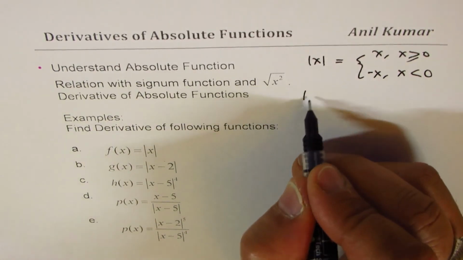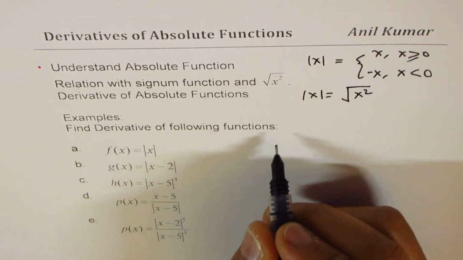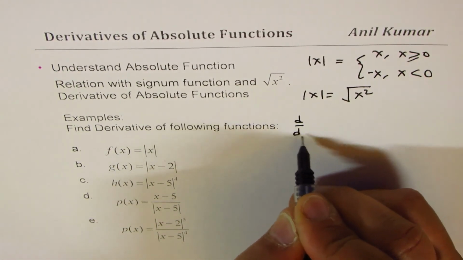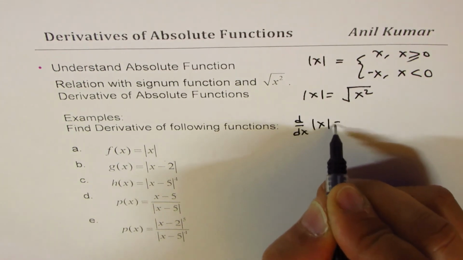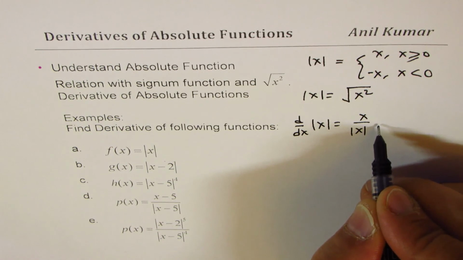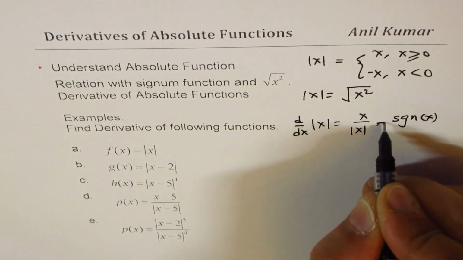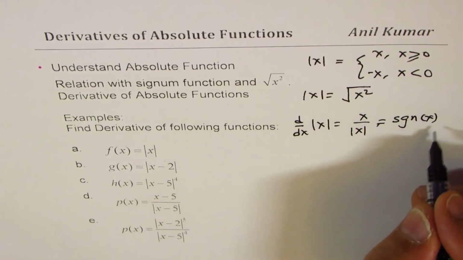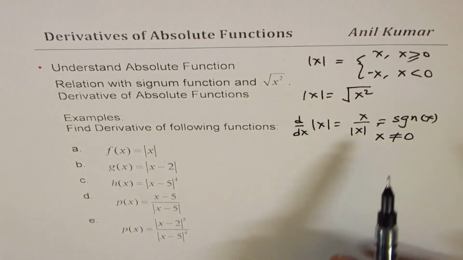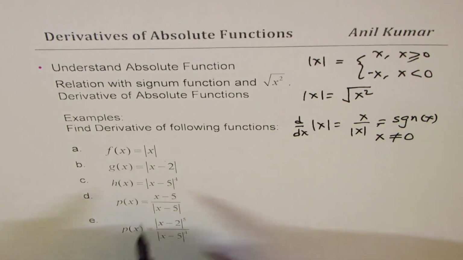We also know that the absolute value of x equals the square root of x squared. We found that the derivative d/dx of absolute value of x is x over absolute value of x, or signum x, where x is not equal to 0. So that was the derivative, written here.